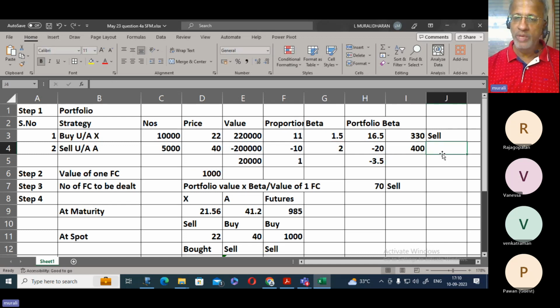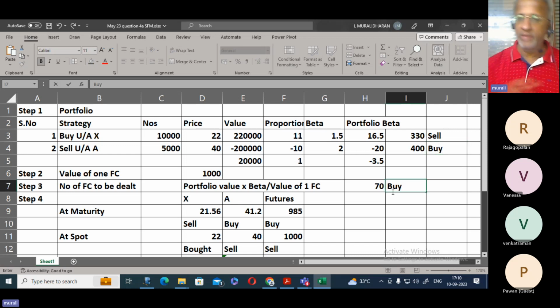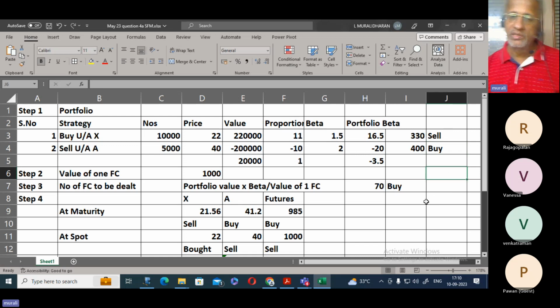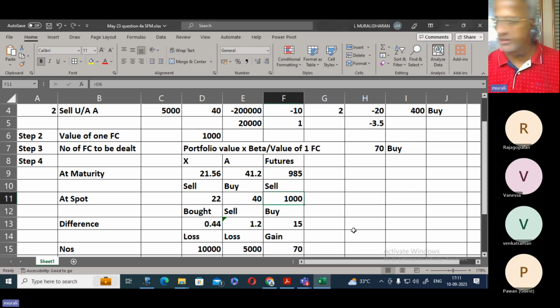So it is going to be buy. Correct, you are right. So naturally, this is going to be buy. This is buy means this should be sell. Correct. You are right, Rajagopalan.